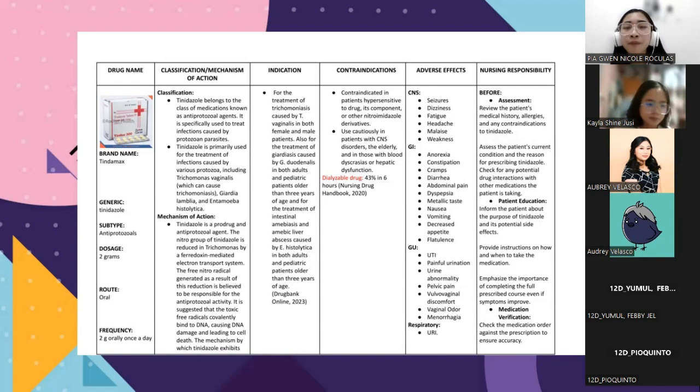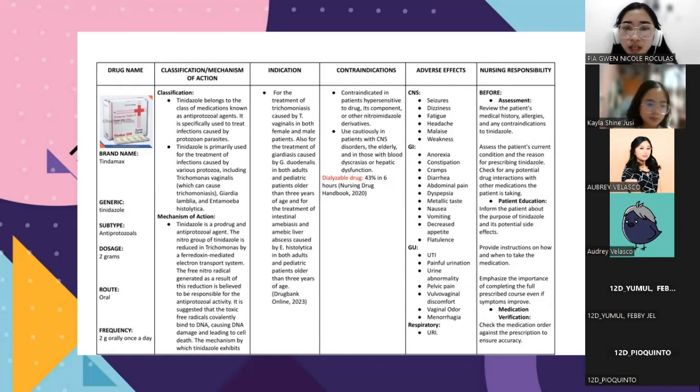Adverse effect. So the adverse effects of this drug are abnormal results of this type of drug. So for central nervous system, seizures, dizziness, fatigue, headache, and malaise. So malaise is a general feeling of discomfort, illness, or lack of well-being. Weakness, so kahinaan niya. So may effect niya is nagiging mahina yung person na nagtitake ng this kind of drugs.